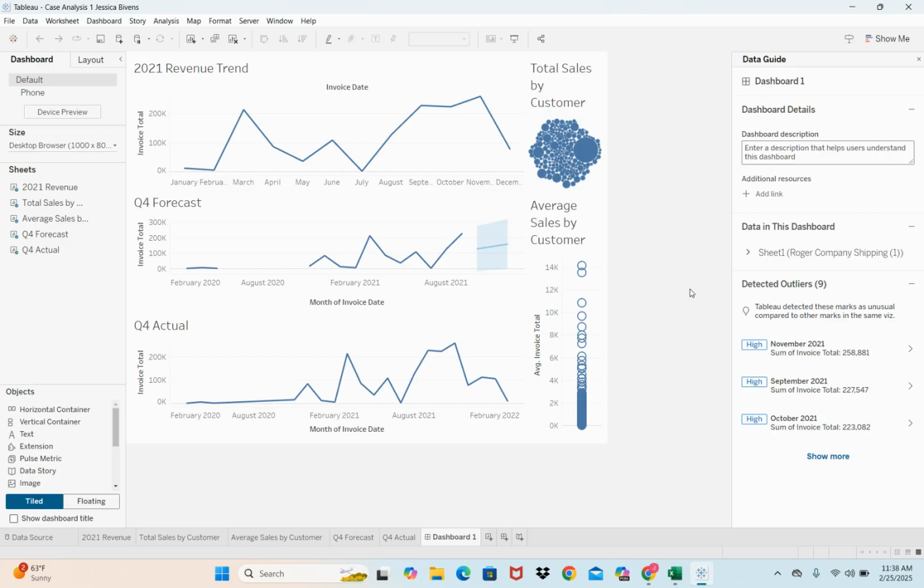Also, the forecast would assume a consistent pattern in sales trends, but that may not hold true if the business experiences any unexpected fluctuation. Another concern might be data quality. So if there are any errors or missing transactions in the data set, then the forecast would obviously be misleading.